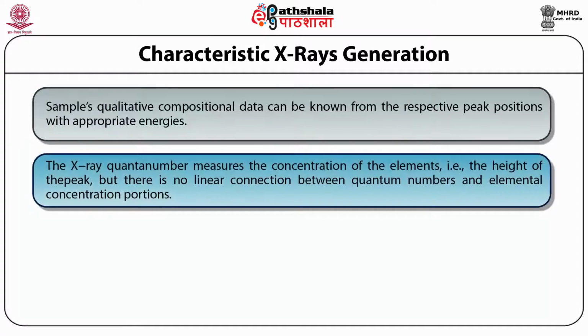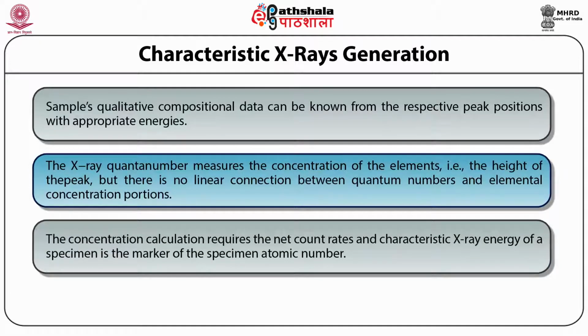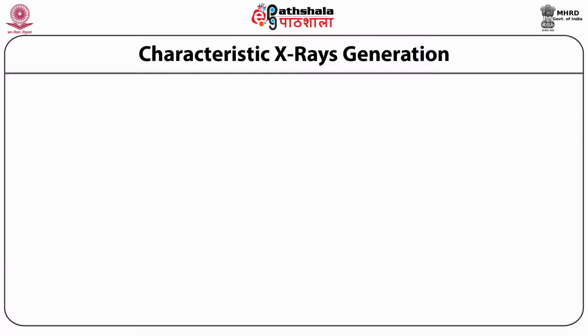The X-ray quantum number measures the concentration of the elements, that is, the height of the peak, but there is no linear connection between quantum numbers and elemental concentration portions. The concentration calculation requires the net count rates, and the characteristic X-ray energy of a specimen is the marker of the specimen atomic number. We next discuss the instrumentation of the EDX.